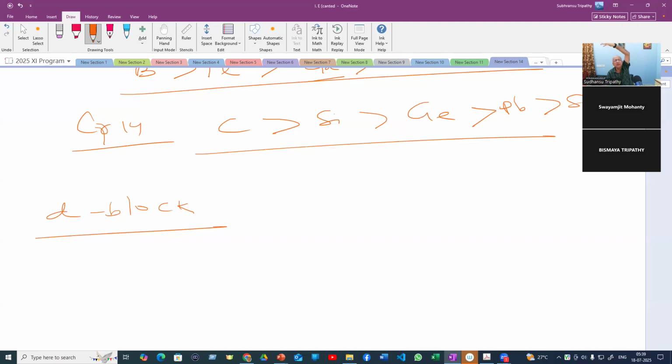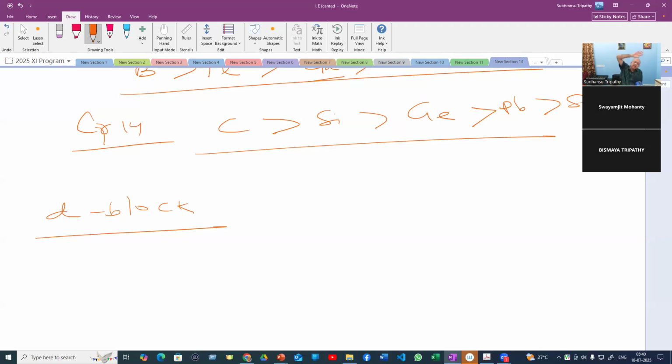The same thing happens in the other two graphs, but they are very close to each other, excepting scandium and lanthanum, sorry, yttrium and lanthanum, which have different sizes. There is a gap, but after that the two graphs are very close to each other, and you will find the same trend.